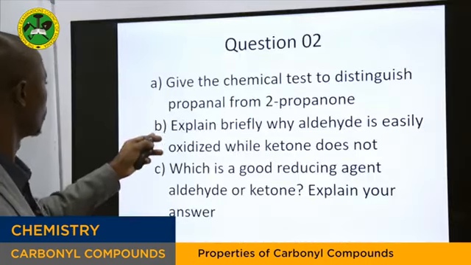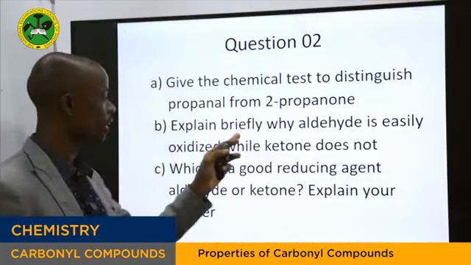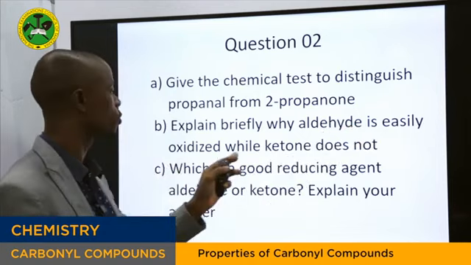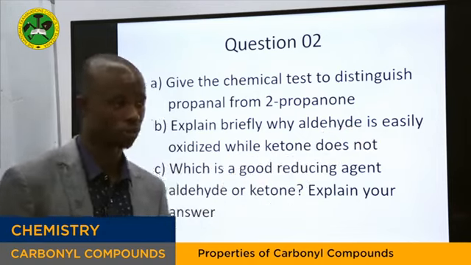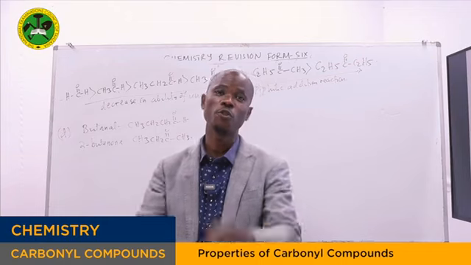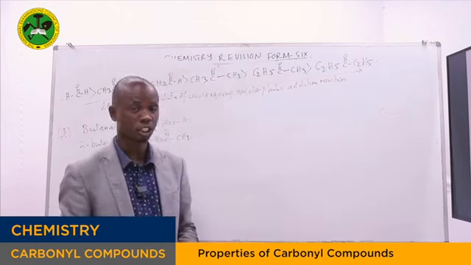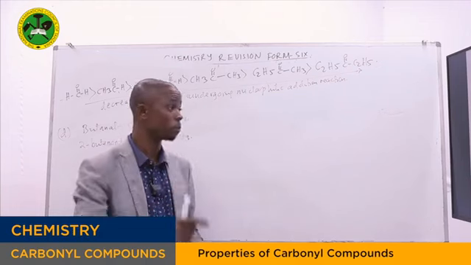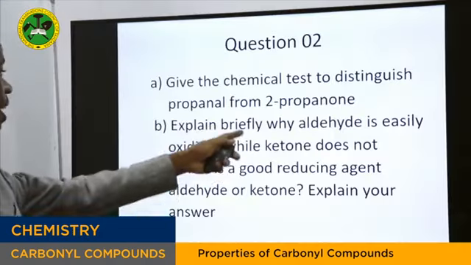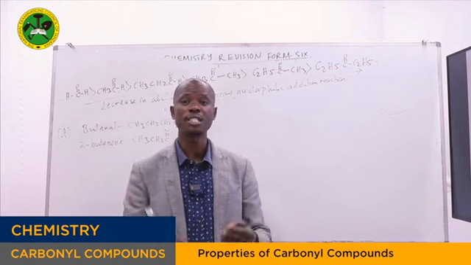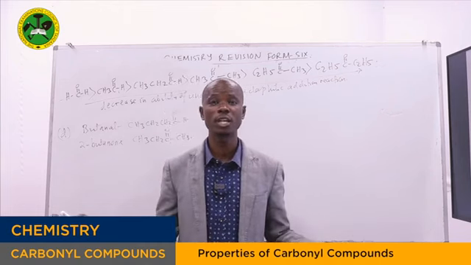But B says, explain briefly why an aldehyde is easily oxidized while a ketone is not. Now, my dear students, I'm sure that we were together from the first presentation, in the introductory part. I said an aldehyde is easily oxidized because it is a strong reducing agent. Why a strong reducing agent?